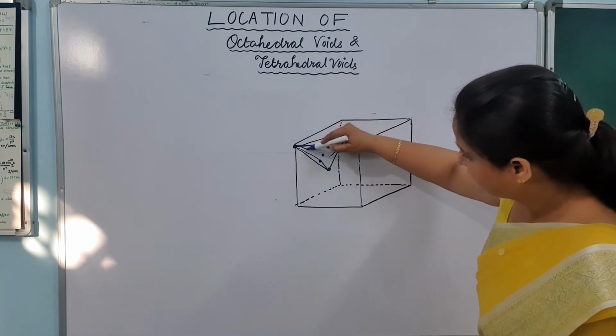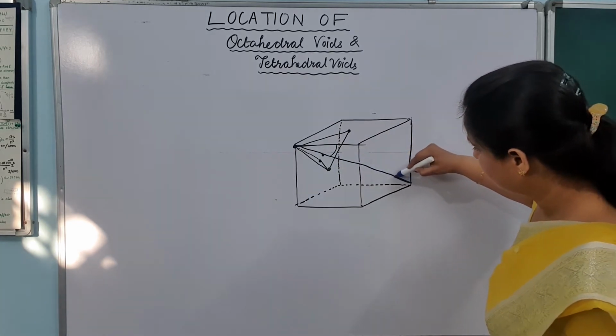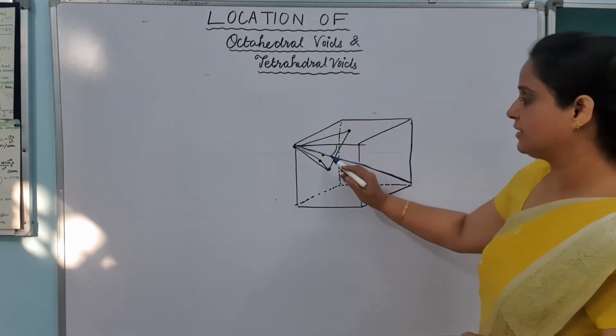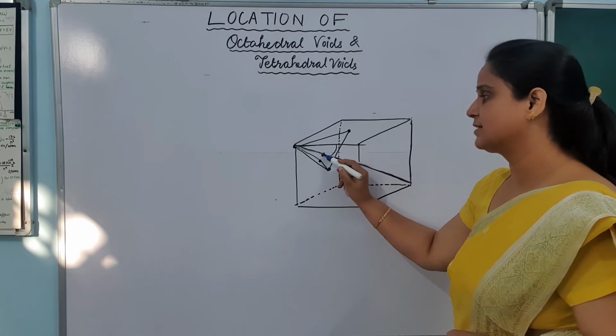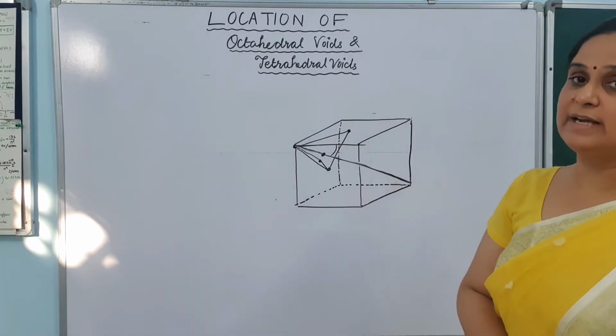So if I am using one diagonal, I am connecting one diagonal here. So here is the diagonal. On the diagonal of this cube, this void is obtained. So this is the location of tetrahedral void.